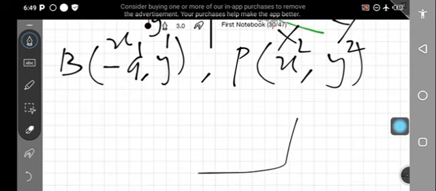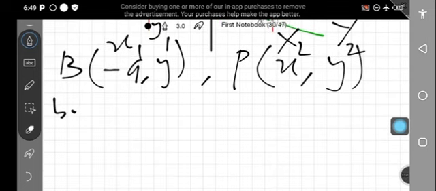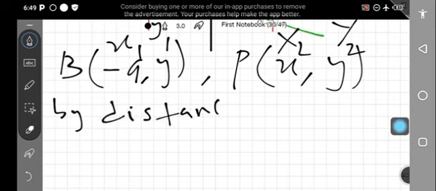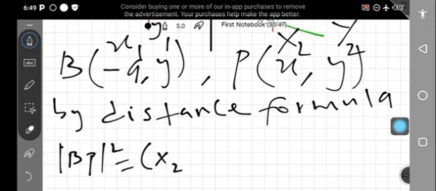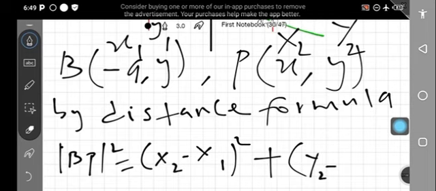By the distance formula, we know that BP squared equals (x2 - x1) squared plus (y2 - y1) squared.